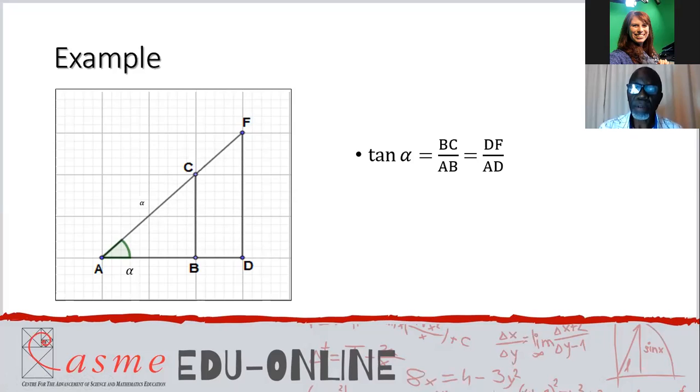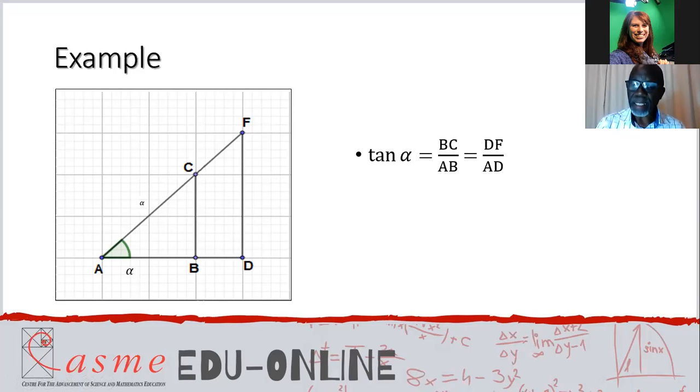Now, the sine. Can you still remember how we find the sine? We must first find which side is the hypotenuse. If you look at the small triangle, the hypotenuse is opposite the right angle, which is AC. If you look at the big one, the hypotenuse is AF. So now we define the sine.